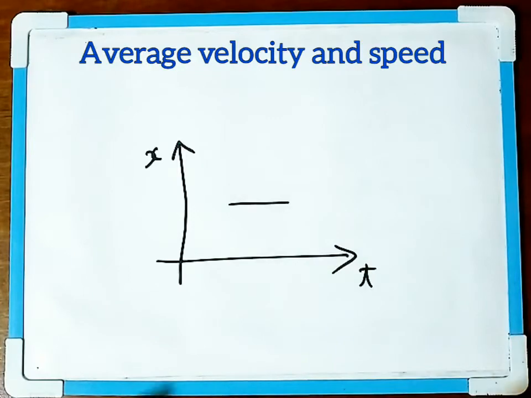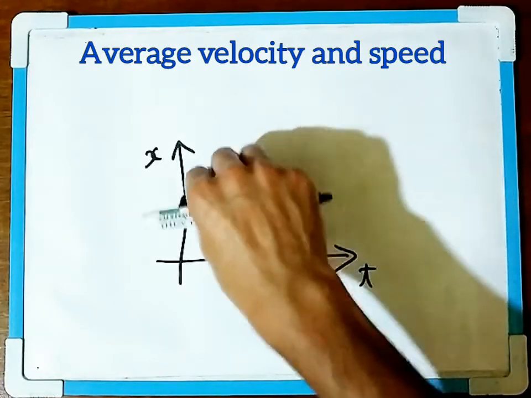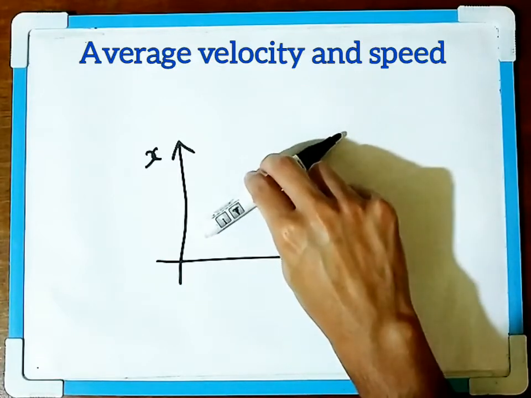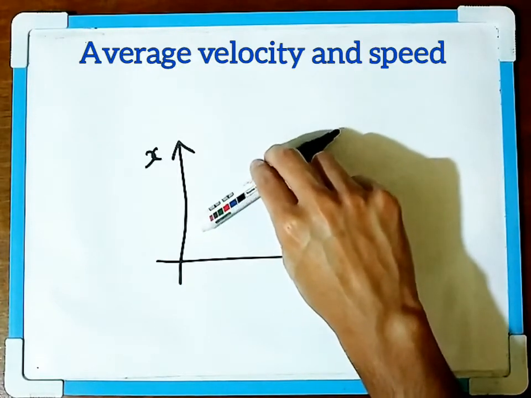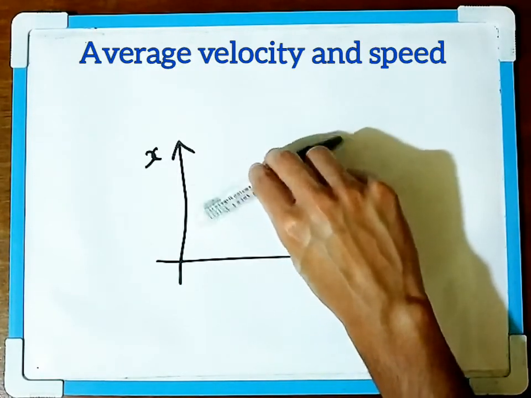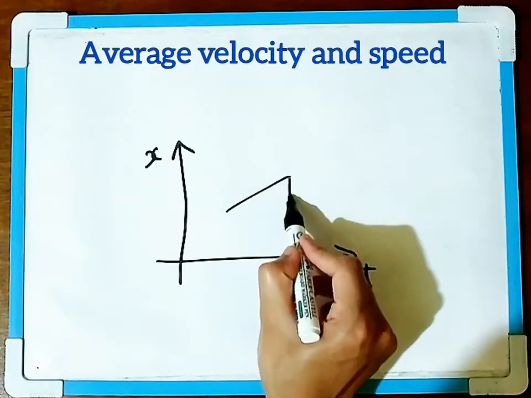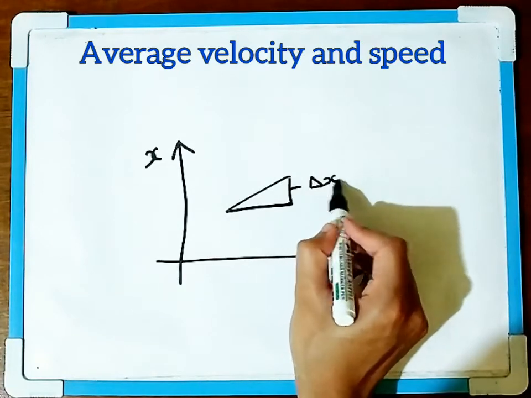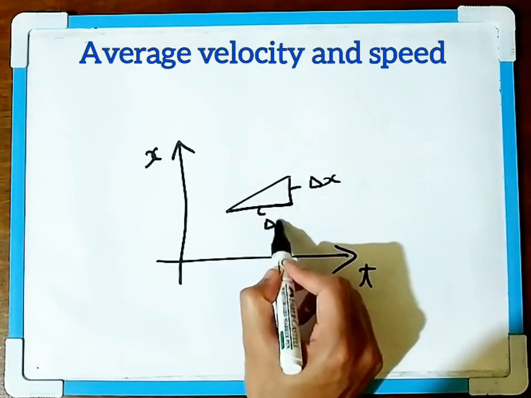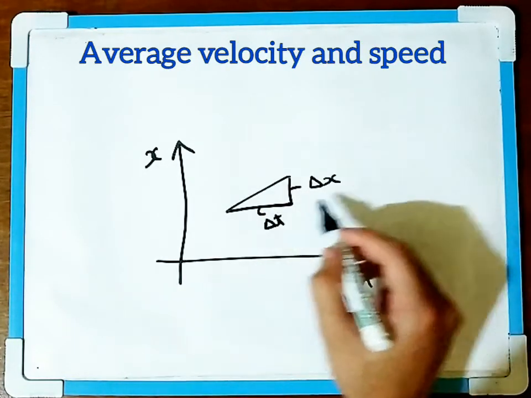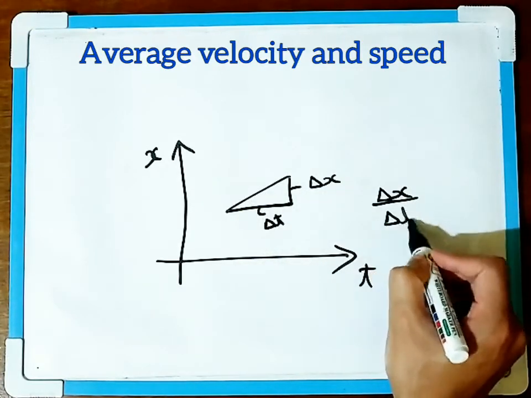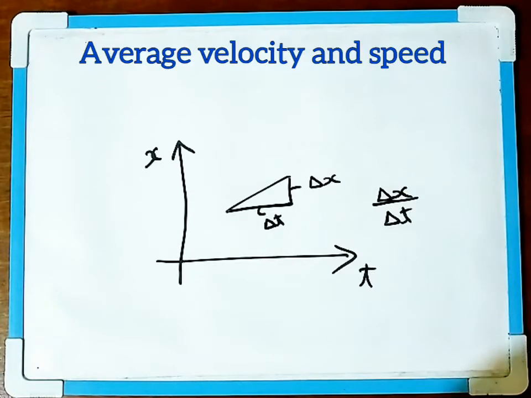But if your line is slanting, so from this position to this position, then this has a slope, and the slope is usually given by delta x divided by delta t. So the slope of this line is given by delta x by delta t, which in this case is the average velocity.